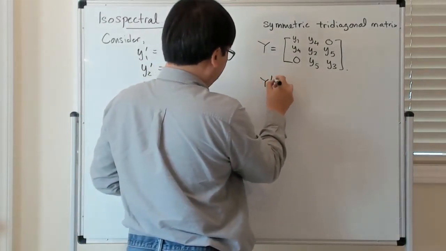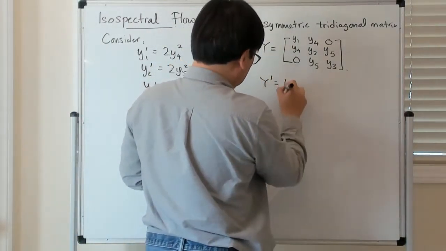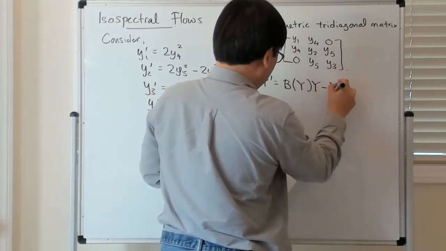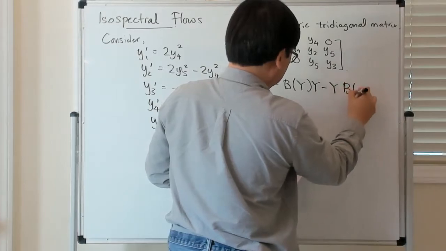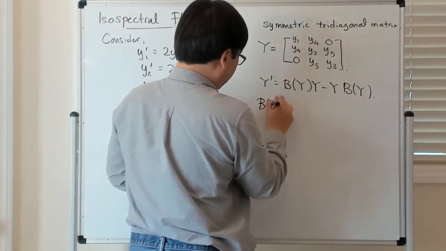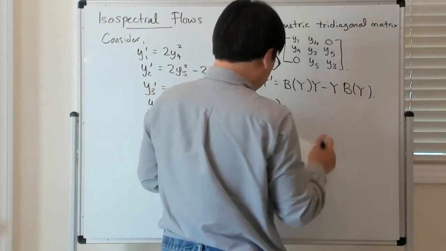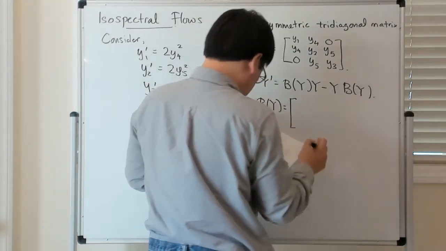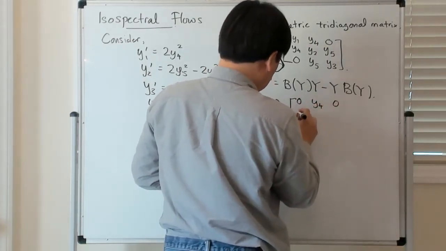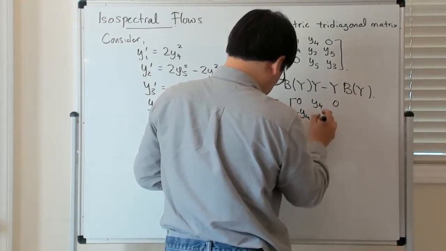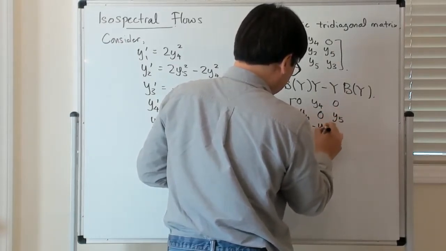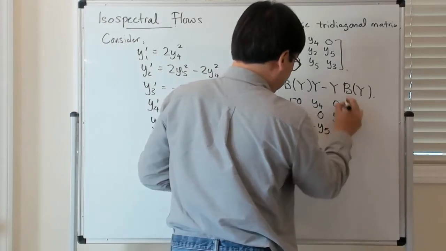You have y prime is equal to some function b of y times y minus y times b of y, where b of y looks like the following. 0, y4, 0, minus y4, 0, y5, minus y5, and then zeros here.